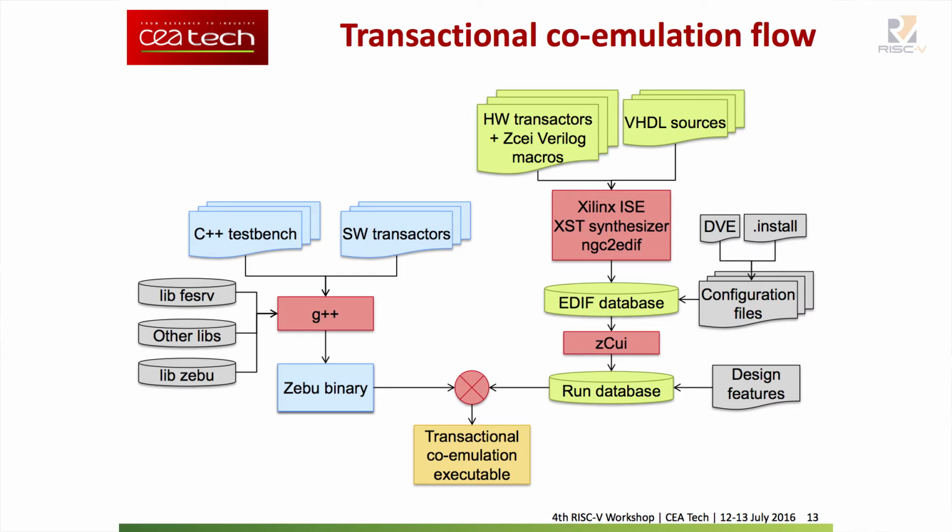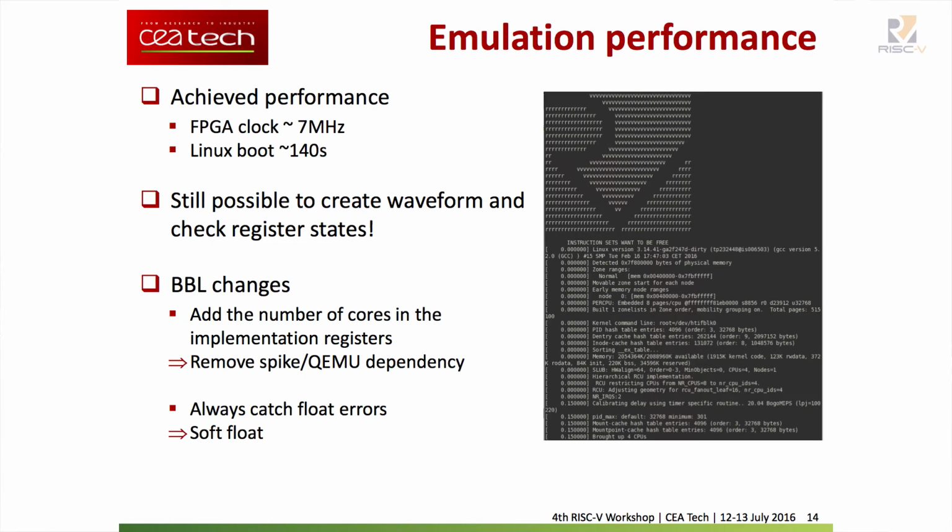Then we add some specific files from the emulator, and then we can execute the test bench. With this method, we achieve a clock under FPGA of 7 MHz, and so we were able to boot Linux in about 2 minutes. And with this method, it's still possible to create waveforms and debug the hardware.